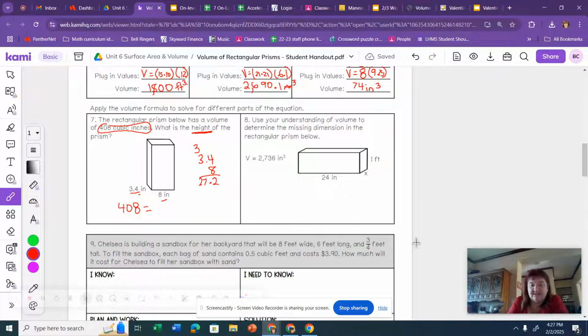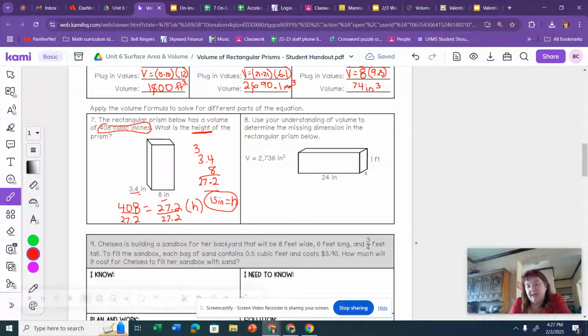One number behind the decimal. So 27.2 times the height. We don't know the height. This is just a 6th grade equation. Divide by 27.2, and we would get that the height equals 15 inches. Okay? That would be the height.